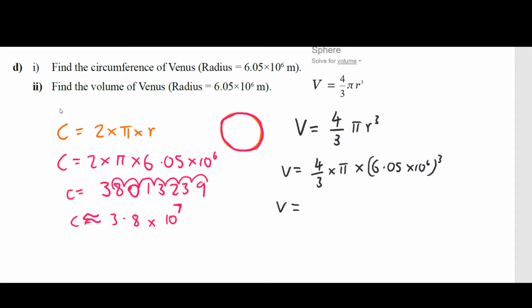4 divided by 3 times pi times bracket. So you can't forget your brackets. So what you would type into your calculator is this: 4/3 times pi times bracket 6.05 times 10 to the 6, close bracket, to the power of 3.